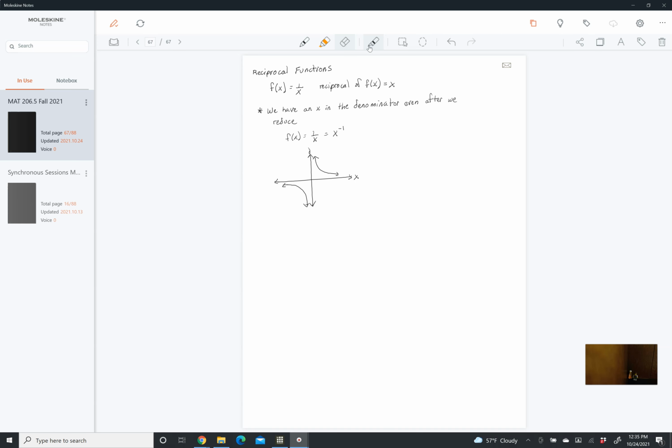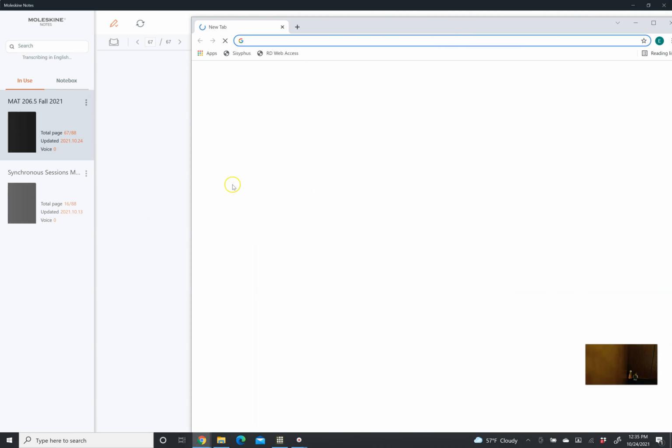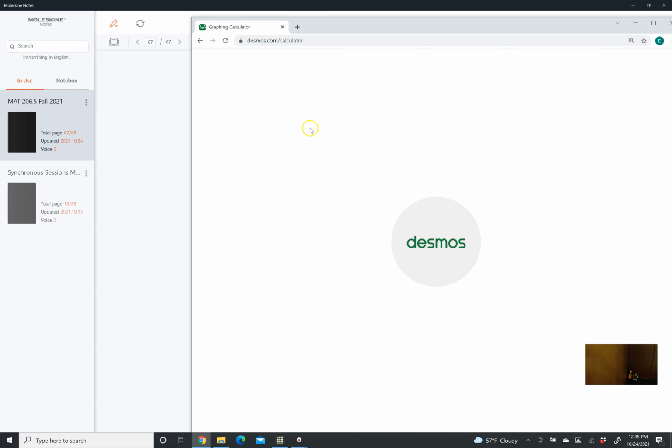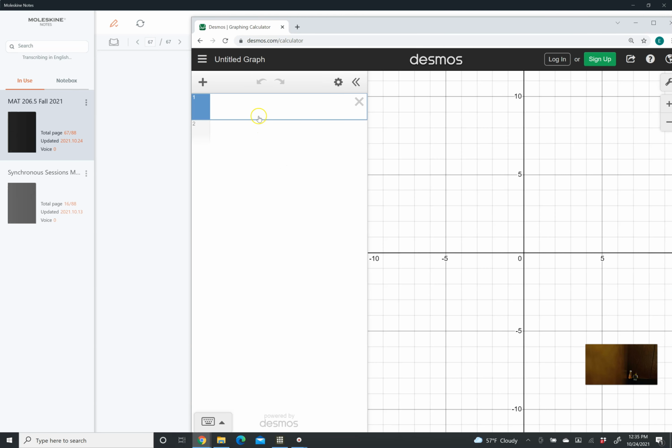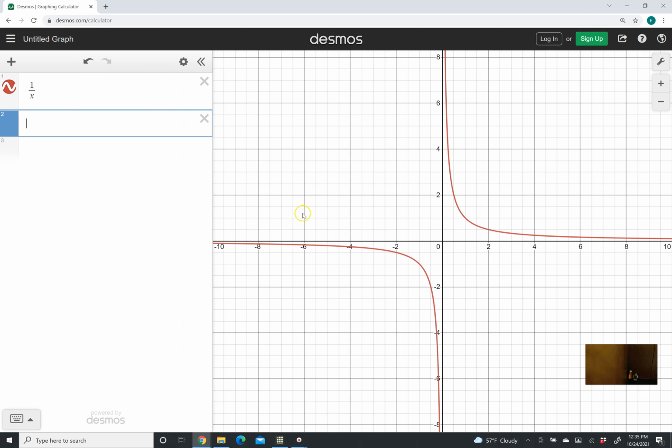And I can even show that to you. If you go to Desmos, it's a great graphing calculator. And if we look at 1 over x, this is what it looks like.